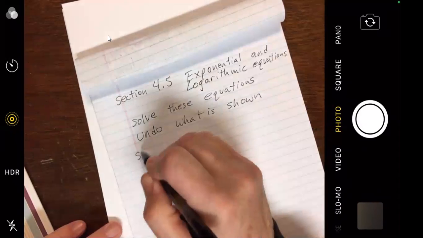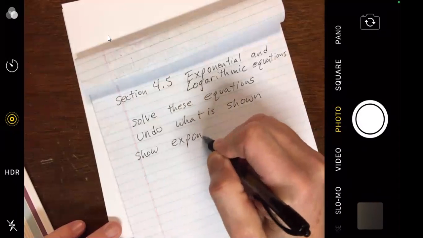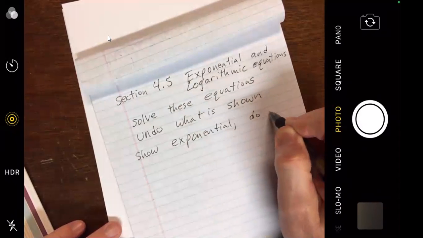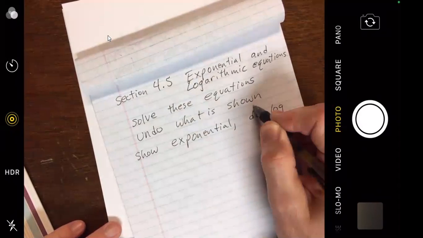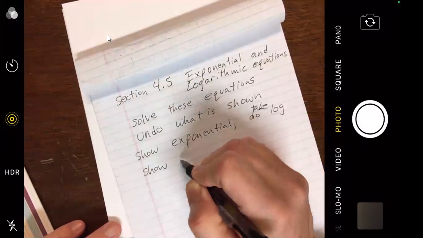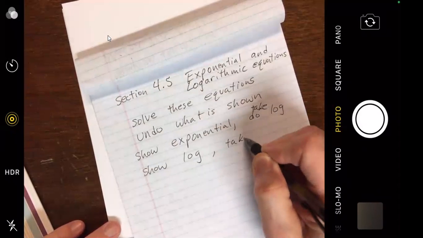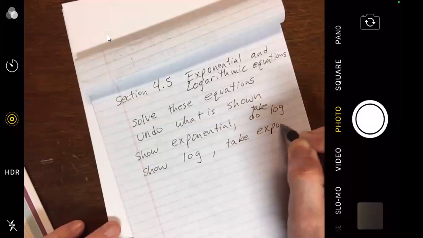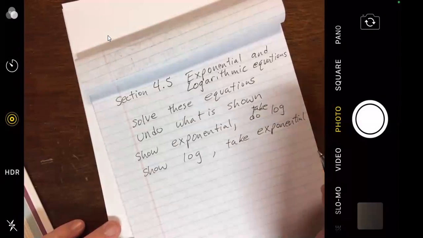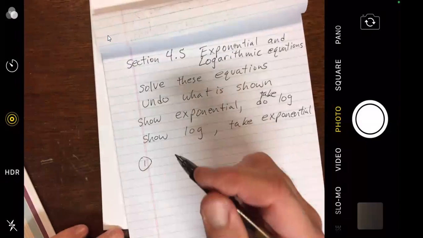If you show exponential, you do a log, or you take the log. If you show log, you take the exponential. And they've got both types of equations in this section. Let me give you a few simple examples before we hit some book problems.